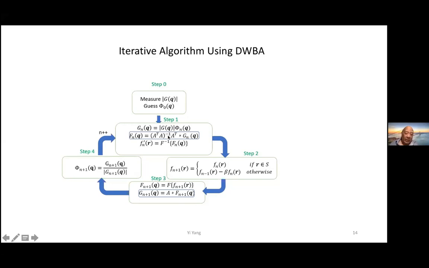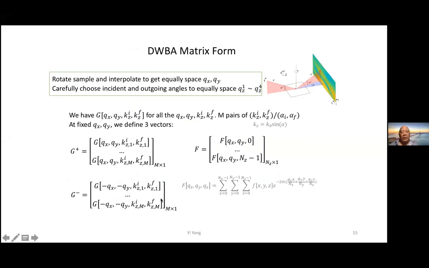And in terms of this, you can then solve for the individual Fourier transform, F of Q, which is the actual Fourier transform of the object, in terms of all the measured values of the DWBA intensity in the GISAXS pattern. And then you Fourier transform back, and you go through the usual cycle, and eventually it'll converge to the real object.